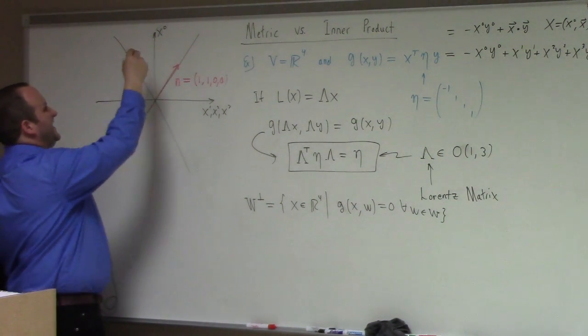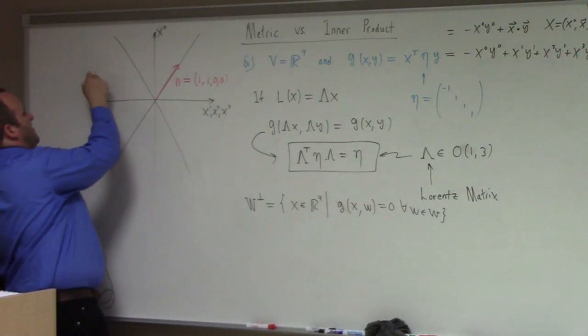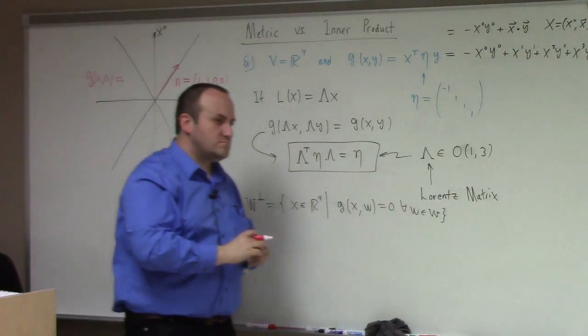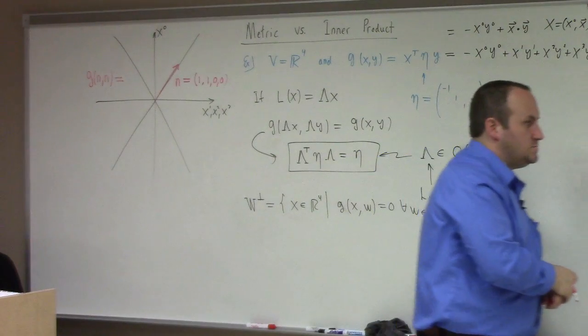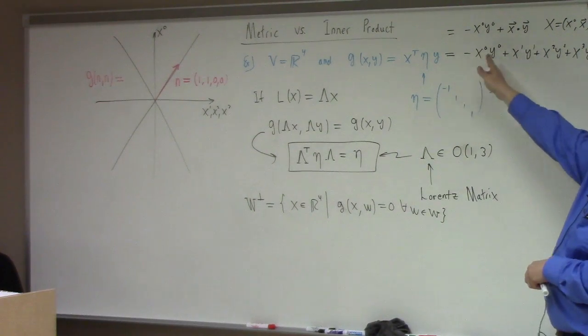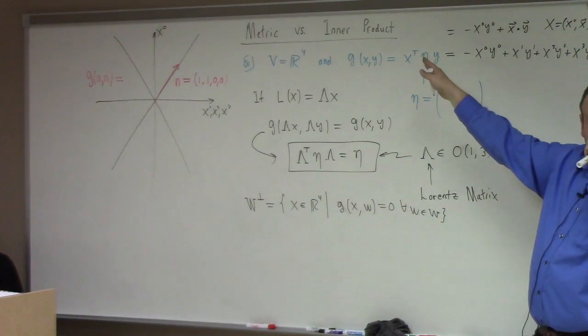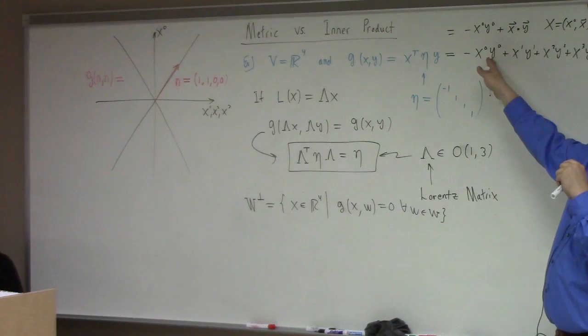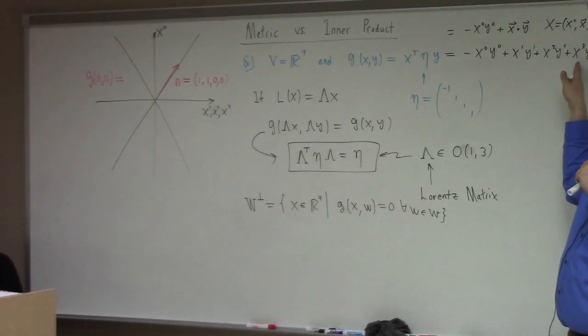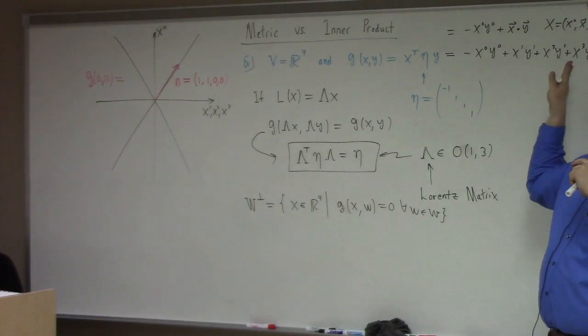What happens with g of n, n? What happens when you have 1 times 1 plus minus 1 times 1 plus 0 plus 0 when you plug n into this formula?